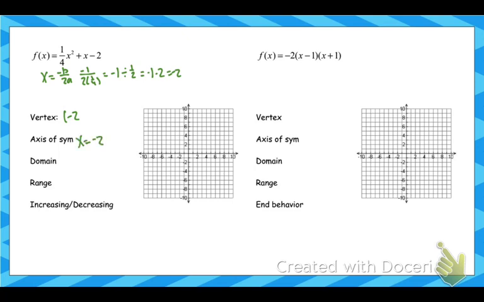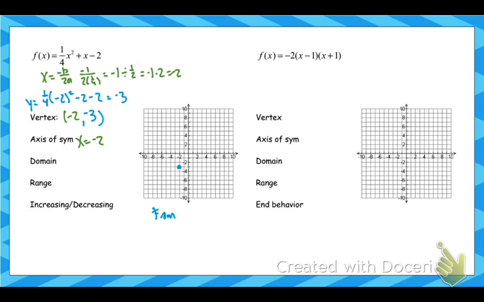All right, y coordinate, plug it in. So that's going to give us negative 3. All right, so we'll go ahead and plot that. We'll sketch our graph. We'll follow that parent function pattern.